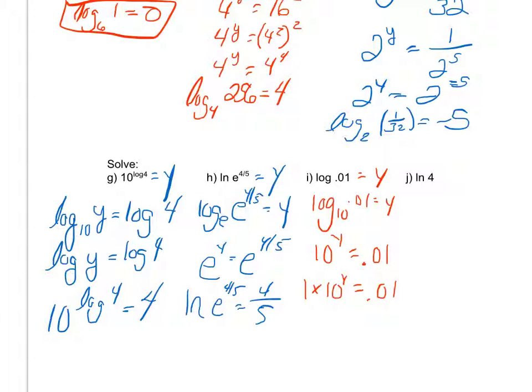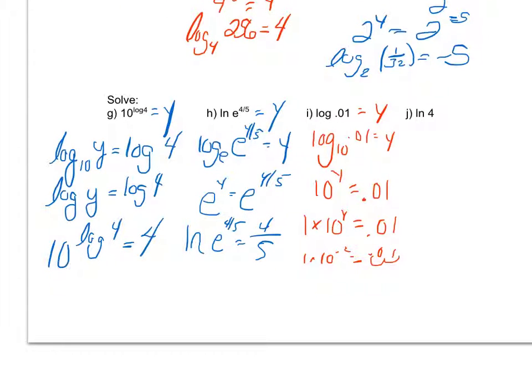Well, I need to have an exponent that's going to make me move my decimal 3 places to the left. No, 2 places to the left, because I have only 1 zero. So I need to move my decimal 2 places to the left, so I'm going to say that y must be negative 2. Because 1 times 10 to the negative 2 is 0.01. Therefore, log of 0.01 equals negative 2.